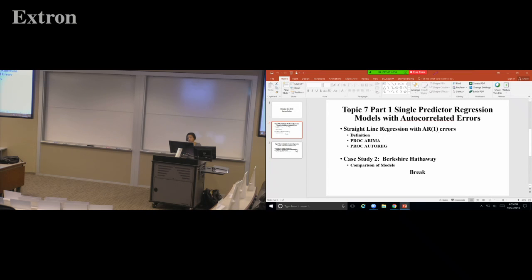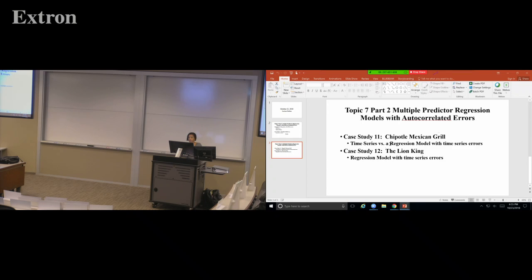We're going to take a little break, and after that break, we're going to examine the idea that previously we only had one predictor, one X variable to input into the regression model. That's not always the case. We have fancier models. So we're going to look at multiple predictors in our regression models and how to come up with an accurate, valid and parsimonious model.